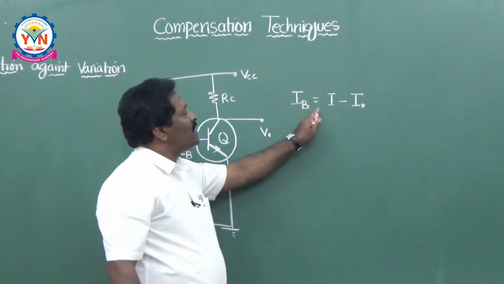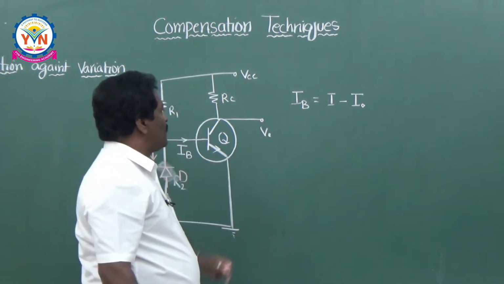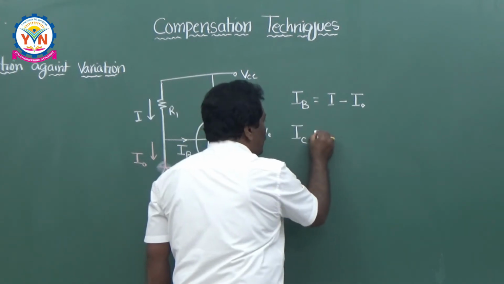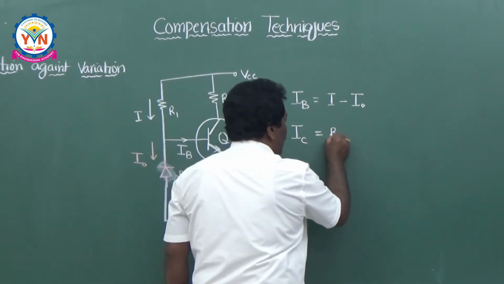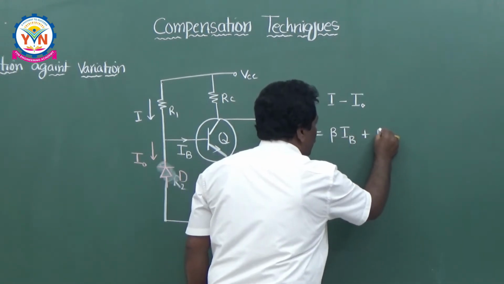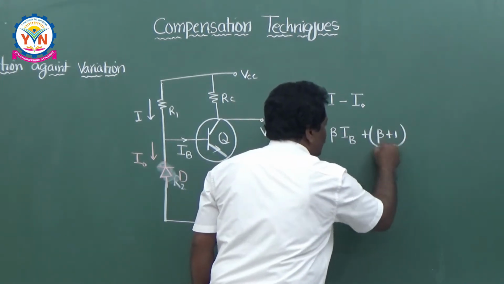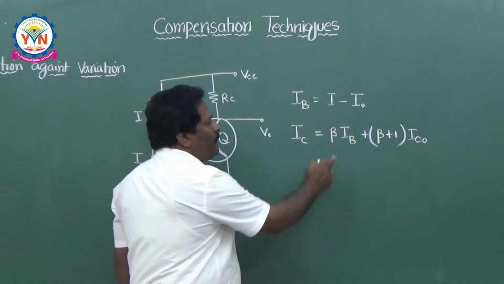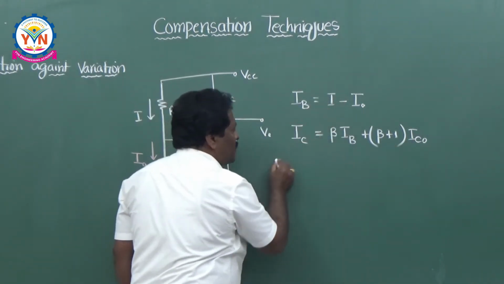So once you know this IB is equal to I minus I naught, and already you know the collector current IC in the common emitter configuration is equal to beta times IB plus beta plus 1 times the reverse saturation current IC naught. And in the place of IB, I can substitute this.